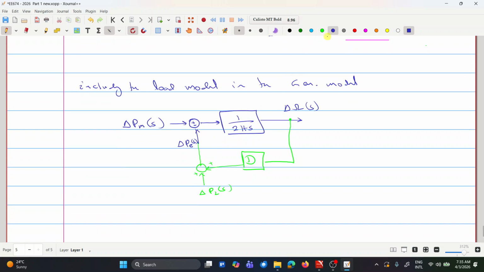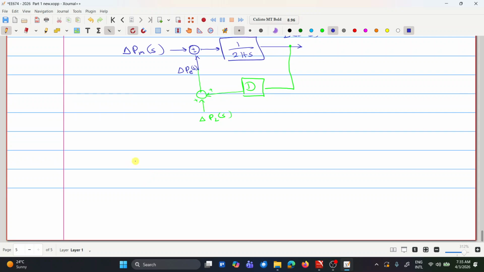Then the entire block will become: you have delta PM is plus, and you take this one and you have a minus sign here, so that will also become a minus, delta PL, and this minus D delta omega.